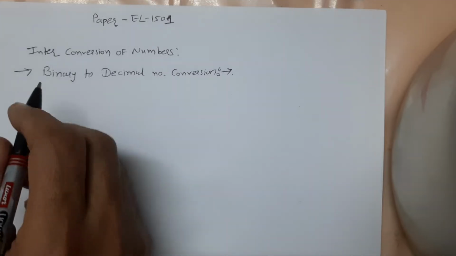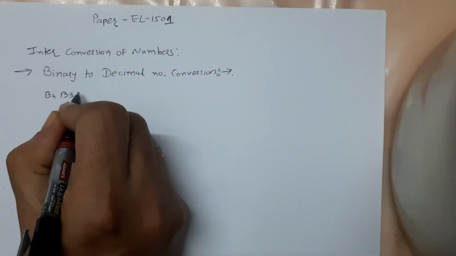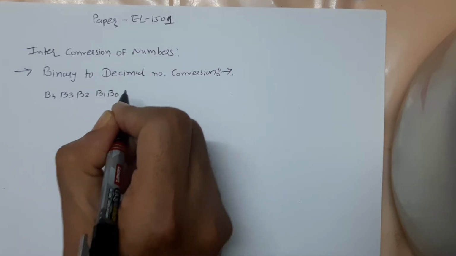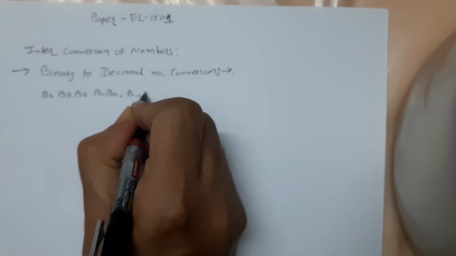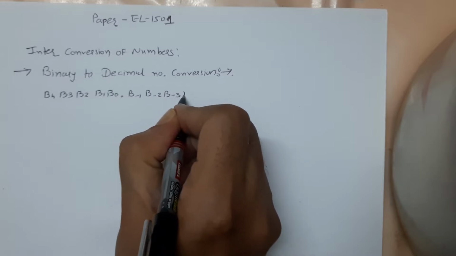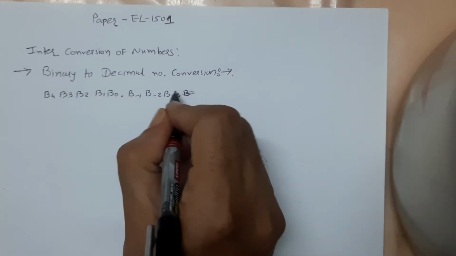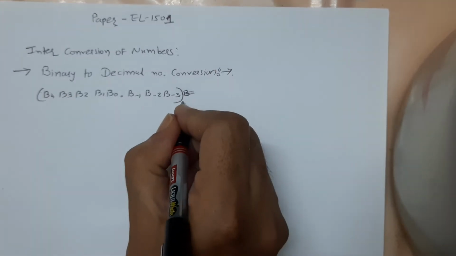If this is our binary number, B4, B3, B2, B1, B0 dot B minus 1, B minus 2, B minus 3, this is our binary number.